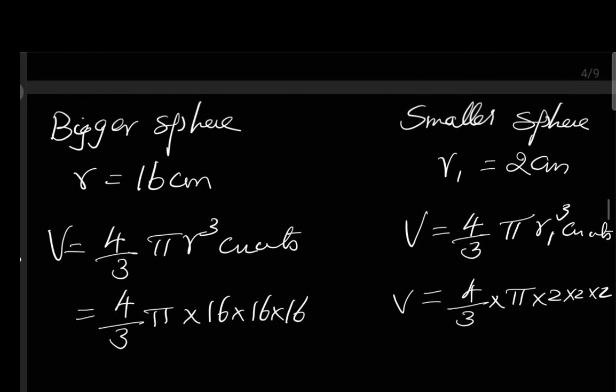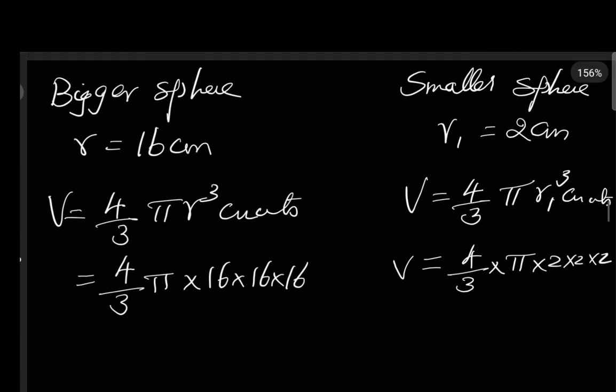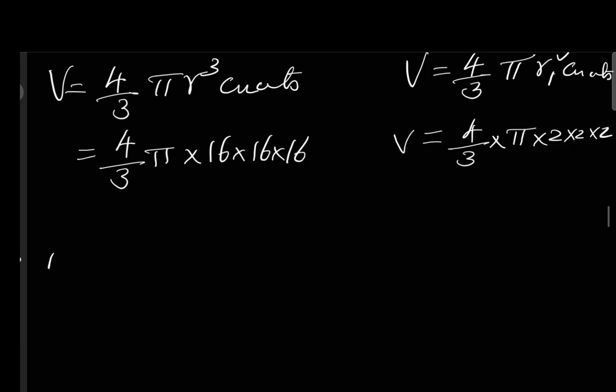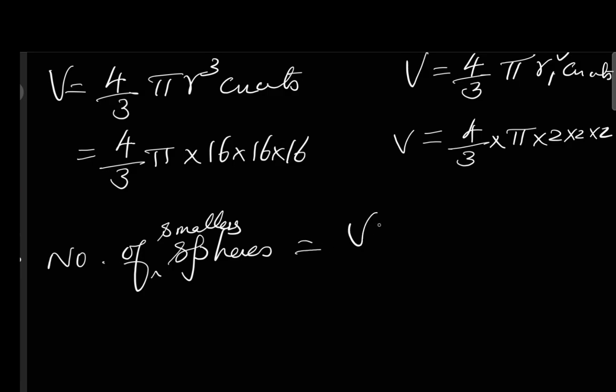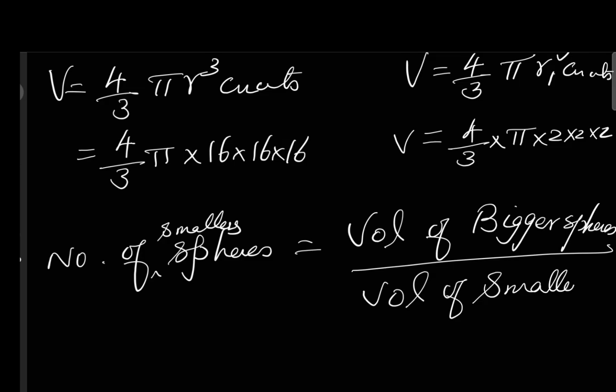So the question is how many? Find the number of smaller spheres, because we derive the smaller spheres from the bigger sphere. So the number of smaller spheres is equal to the volume of the bigger sphere divided by the volume of the smaller sphere.